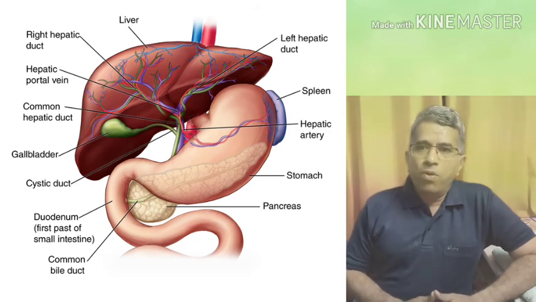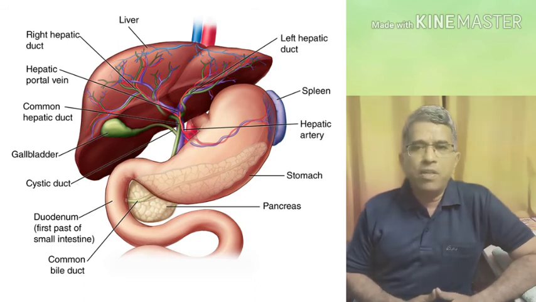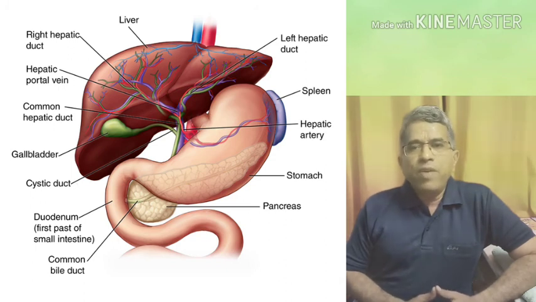The pore that is present between esophagus and the cardiac stomach is called cardia, and this is guarded by cardiac sphincter. Cardiac sphincter prevents the backward flow of food from stomach to the esophagus.